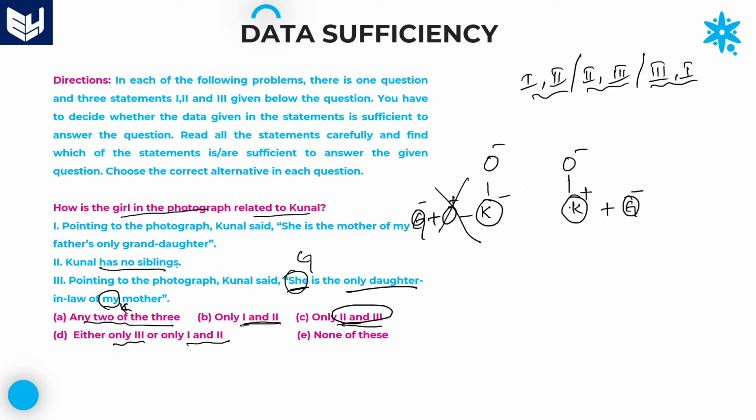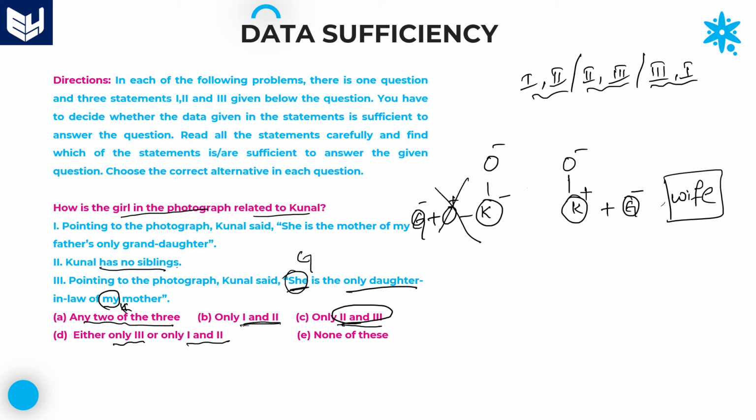That person's mother is having only one child, so that is Kunal. Kunal's wife is the girl. So how is the girl in the photograph related to Kunal? Your answer becomes wife. So by using 2 and 3, you will get the answer, right?